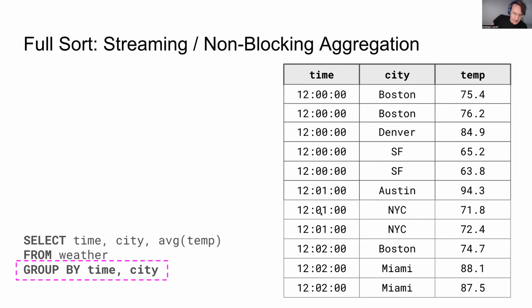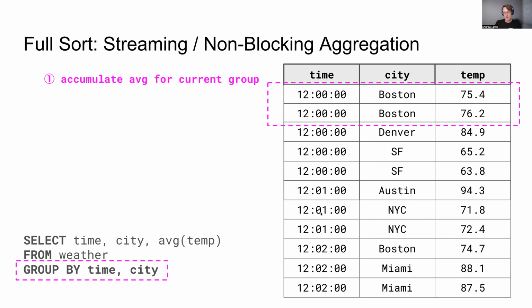In this example, we're grouping by time and city, and I have ordered this data by time and city. The system starts scanning down the rows and computes the average temperature, which is the aggregate requested for this query, until it finds the next row where the sorted key doesn't match, because that now corresponds to a new group.